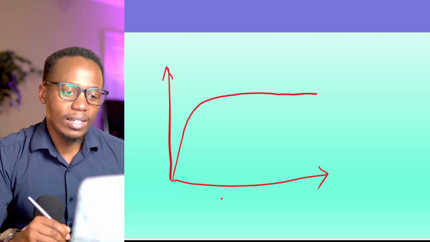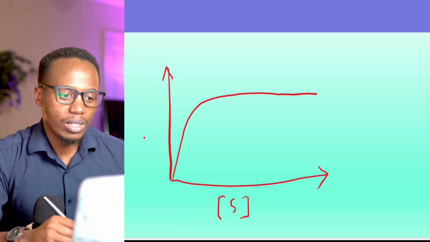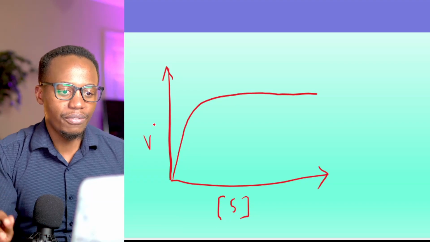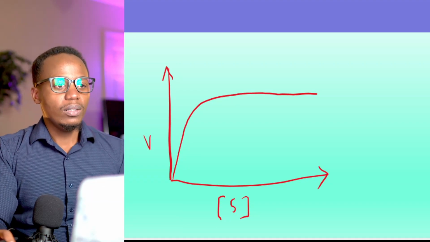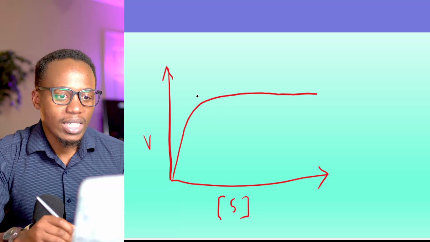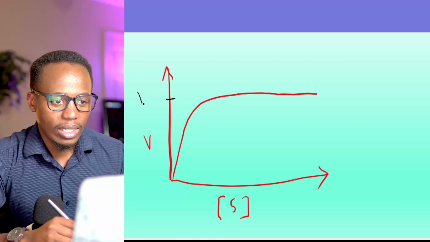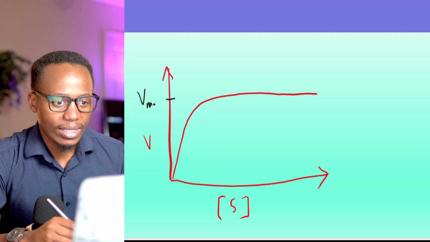And then we're measuring the substrate concentration here, and we're measuring the rate here in V. Well, the maximum velocity that the enzyme has gotten to is called Vmax. Easy, right? This is what we call Vmax.